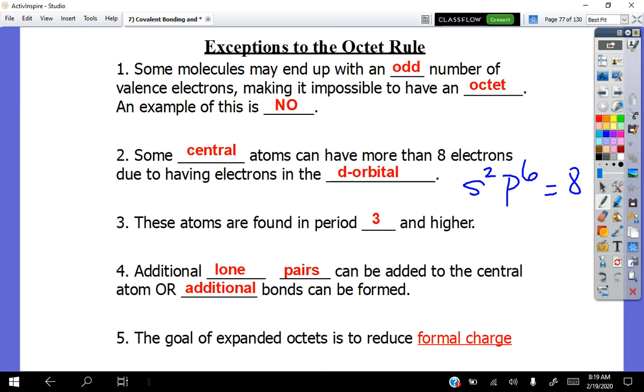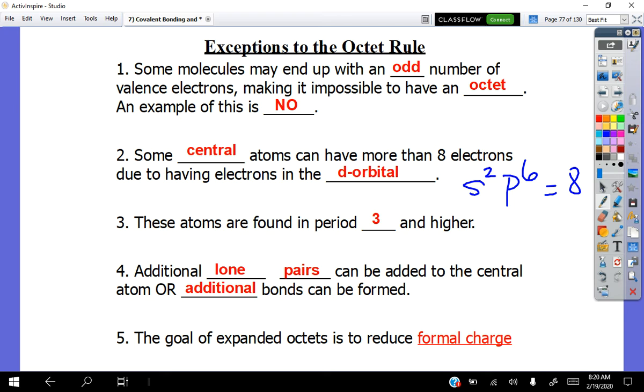And the goal of the expanded octets is to reduce the formal charge of the atom. When we're talking about formal charge, it's better to have as many neutral atoms as possible. So forming an ion and then reducing its formal charge by making additional bonds with the central atom is usually the way to go to do that. Now, this only works, again, if the element is in row 3 or below.